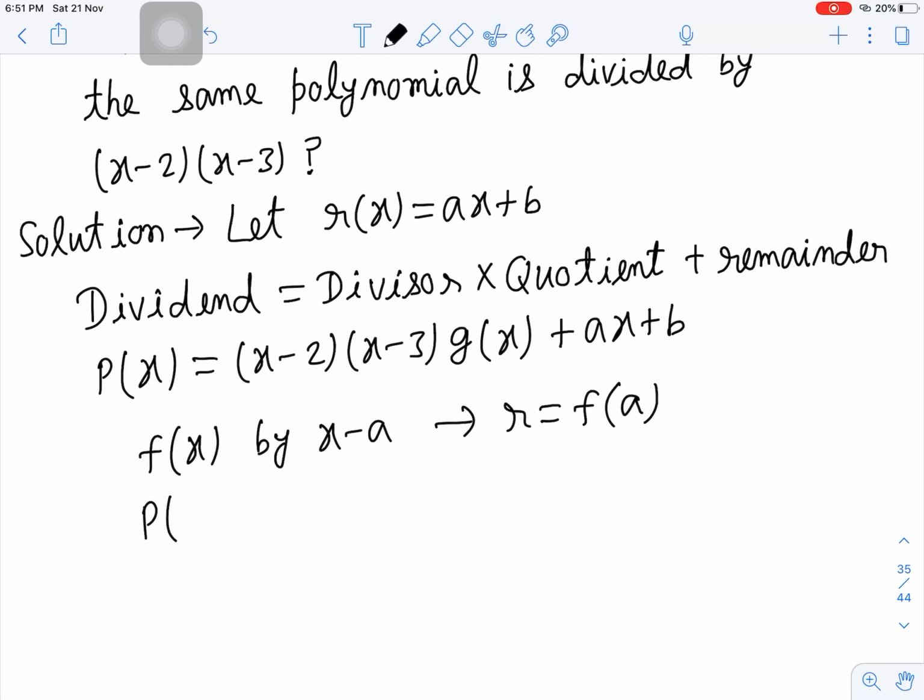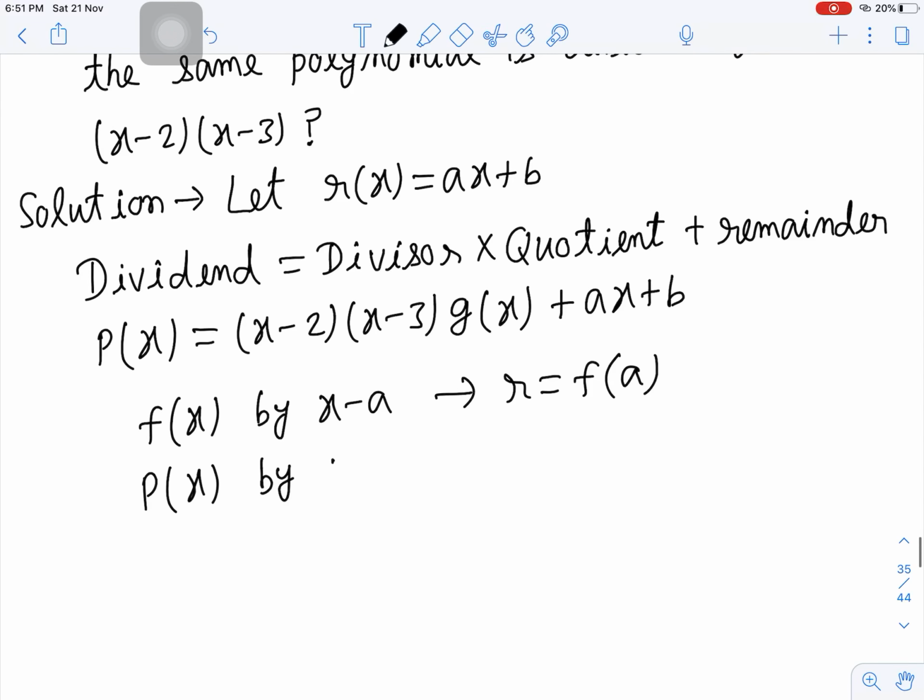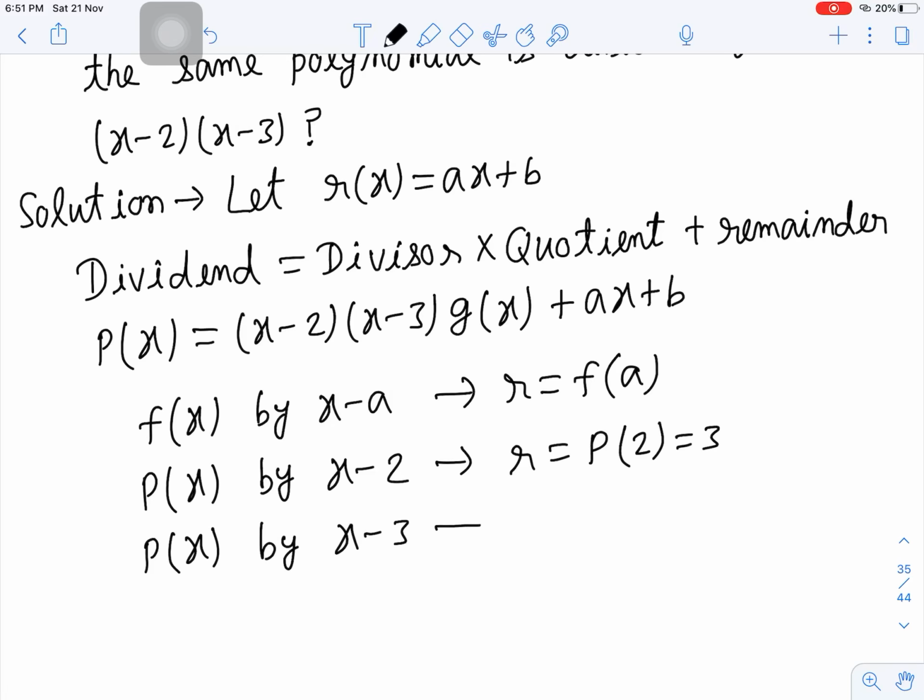Similarly here, when you divide p of x by x minus 2, the remainder would be p of 2, in place of a you have 2, and this p of 2 is 3. And similarly, when you divide p of x by x minus 3, the remainder is 2. So comparing x minus 3 with x minus a, a will be 3, so the remainder will become p of 3, and that is nothing but 2.